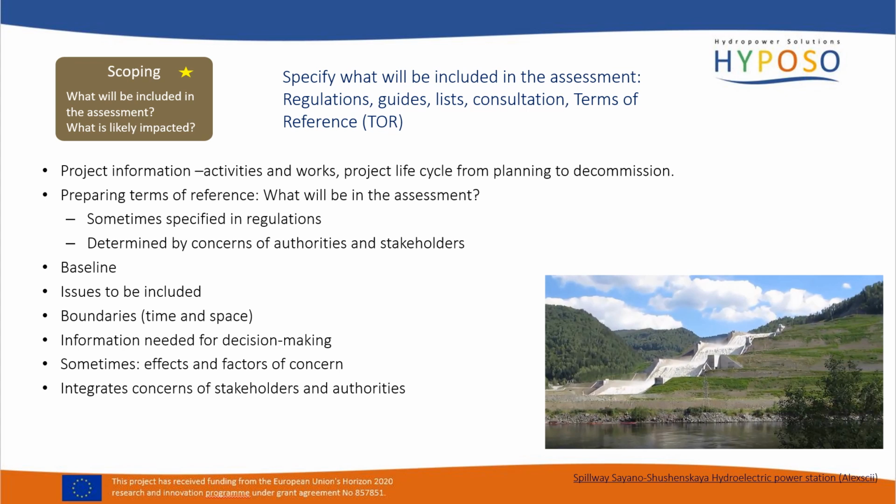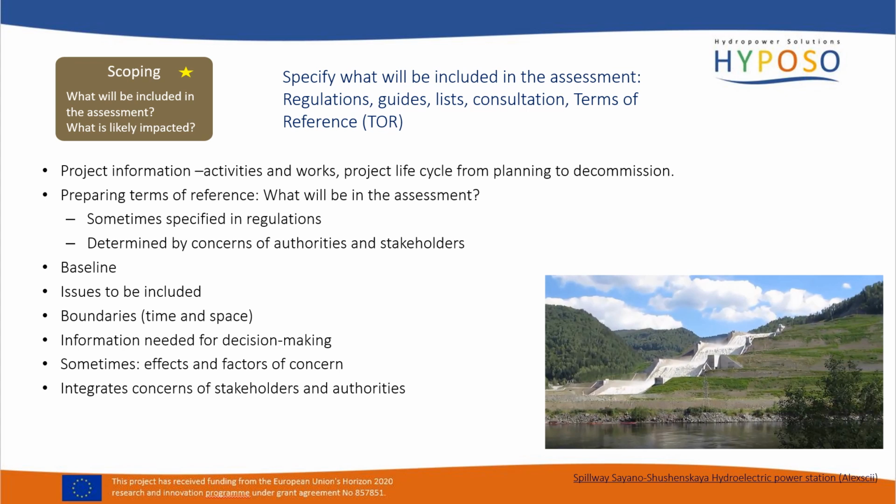And if there had been public participation, it will incorporate those concerns that were received when the terms of reference are made public. That is the case of Canada, for example, where the authorities need to announce that a new project is going to request environmental assessment, and the authority produces the terms of reference.